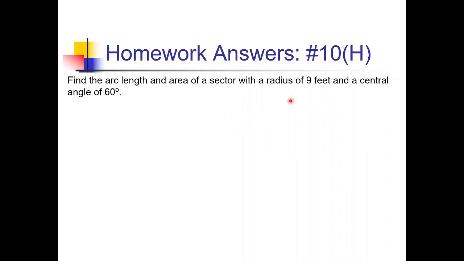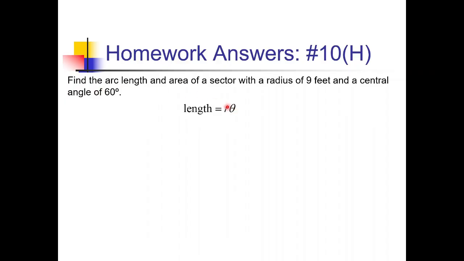For this problem, on the honors part of the problem set, we want the arc length and area of a sector that has a radius of 9 feet and a central angle of 60 degrees. So we've got our two formulas for arc length and sector area. Arc length, remember, we've got r times theta, the radius times the angle, assuming that you're already in radians.